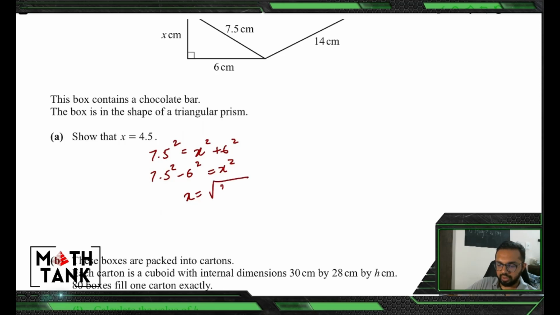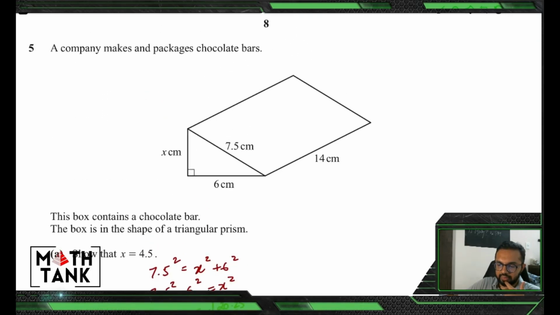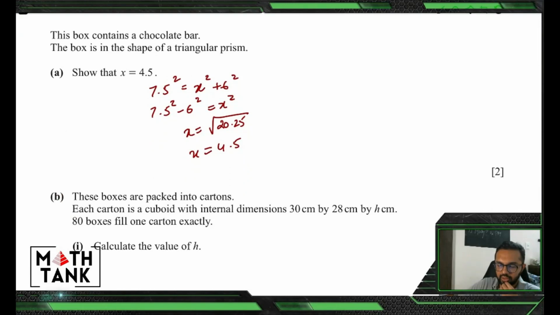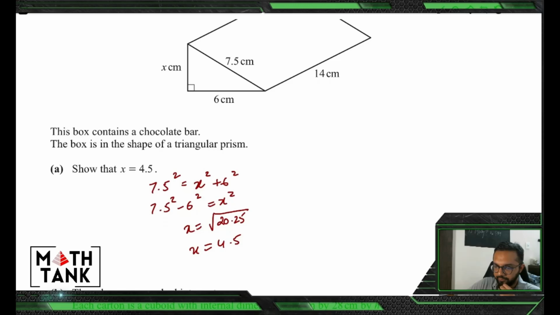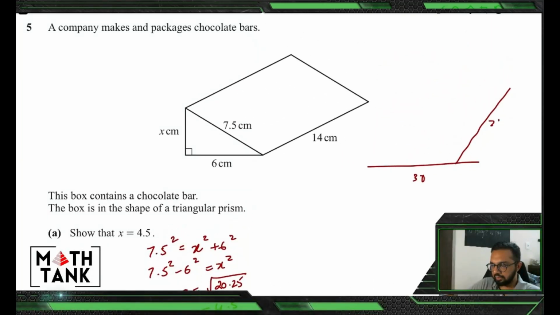Root of 20.25, which is 4.5. Then it says these boxes are packed into cartons. Each carton is a cuboid with internal dimensions 30 by 28 by h.